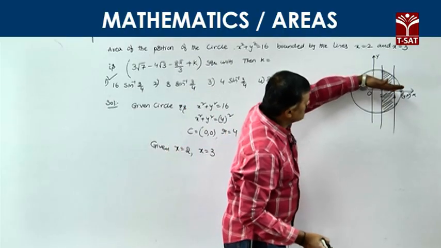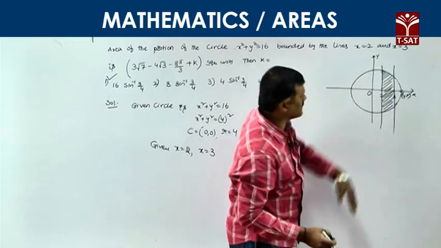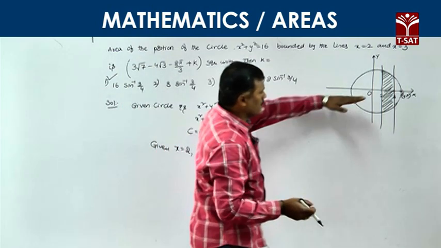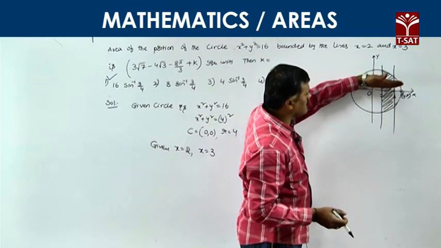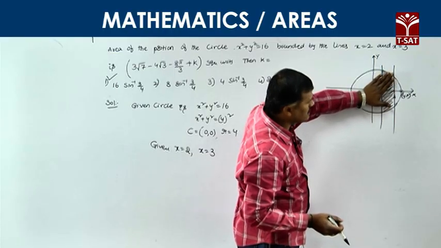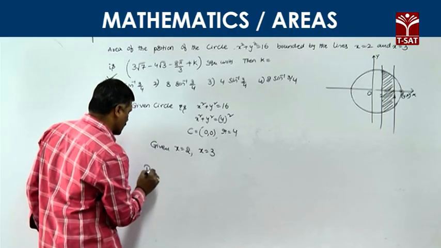In this, from 2 to 3, the area above the x-axis is the same as the area below the x-axis. That's why you can take our required area as 2 times the integral: one part is the area above the x-axis and another part is the area below the x-axis. These two are the same portion of area.